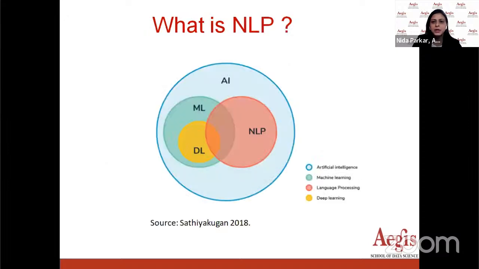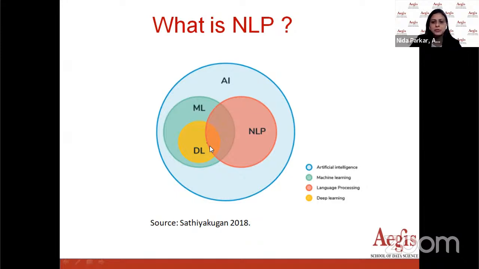To understand this diagrammatically, AI has a lot of things like robotics, data science, and more. Machine learning is a part of AI and deep learning is a part of ML. Natural language processing uses both machine learning and deep learning algorithms.